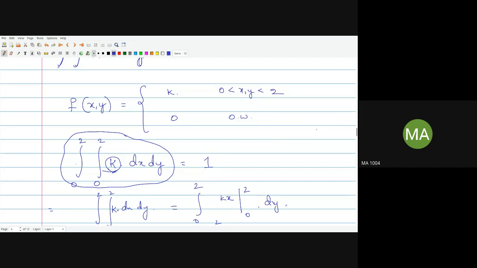K is not unitless. K also has some units, like the units of dx and dy.